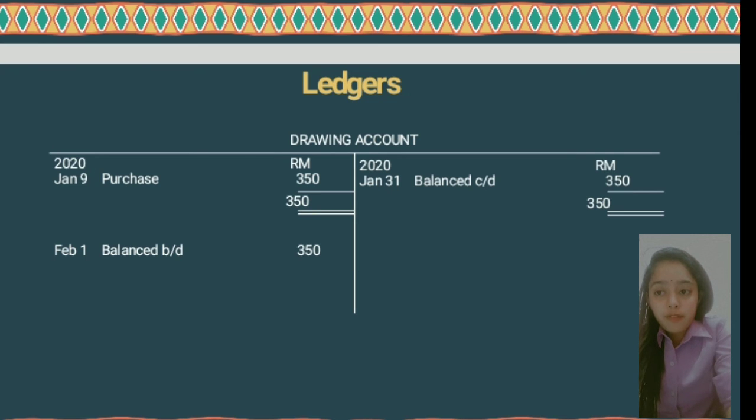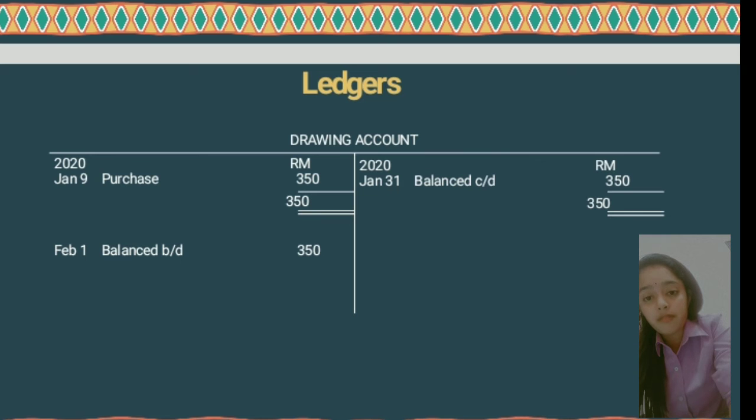We also have to open drawing account because Miss Ifa took the set of coffee for own use, so we have to open drawing account for that. 2020 January 9 write purchase on debit side for RM 350. On credit side, 2020 31 January balance CD RM 350 and then on debit side balance BD on February 1 will be 350.